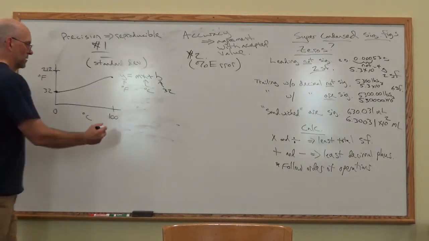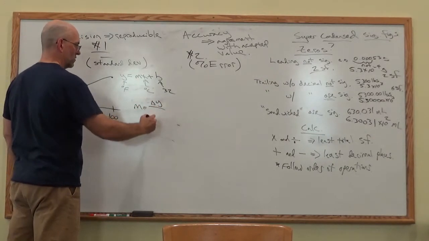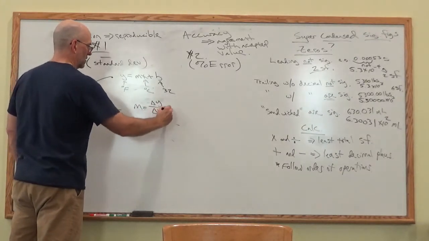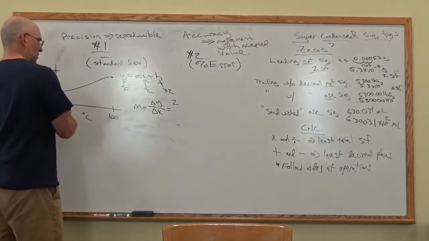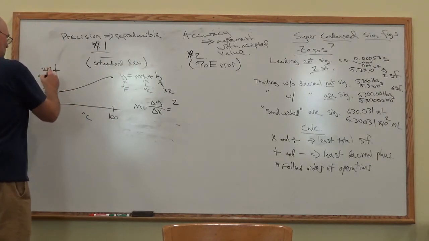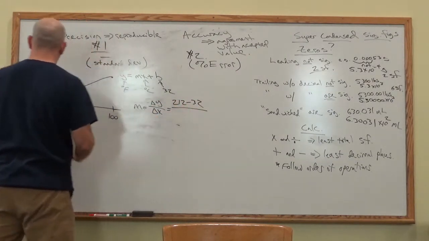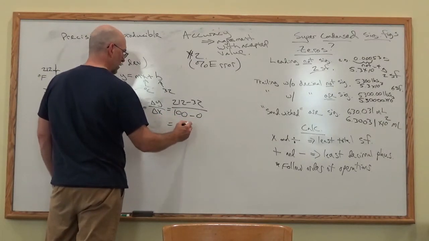and m is the change in y, so y2 minus y1 over x2 minus x1. So it's y2 minus y1. So 212 minus 32 over 100 minus 0.